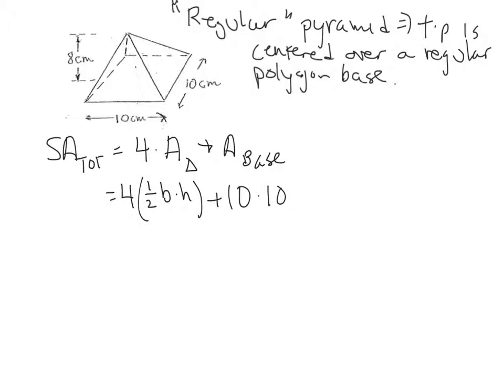Our challenge is simply to find the base, which is 10, and the height, which we're going to call the slant height. So what we have is 4 times 1/2 times 10 times some mystery height we're going to call S, plus 100 for the area of the base.